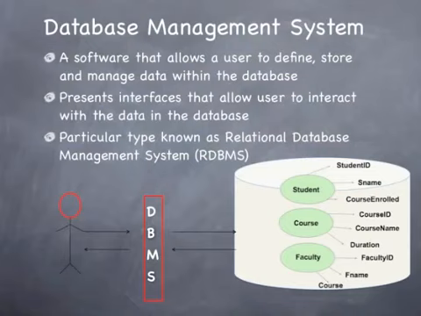It takes care of storing, defining, and managing all the data that is within the database. There are many types of database management systems available, and one of the most popular ones is the Relational Database Management System, abbreviated as an RDBMS.